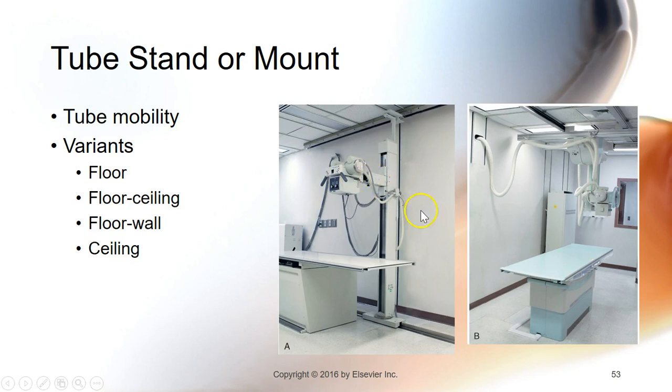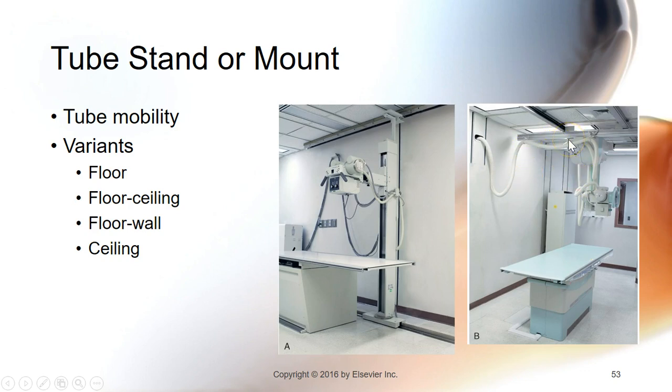And then you have the different variations. This is a floor to ceiling right here, so it goes all the way to the top. But this tube can move up and down on this. This also probably goes to the end down here, and then you flip the tube so that you can take a chest x-ray. Then there is a ceiling mount. Notice there's no stand, so you've just got this tube coming out of the wall.